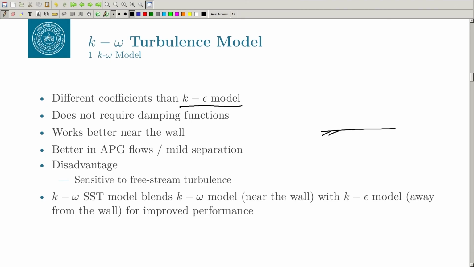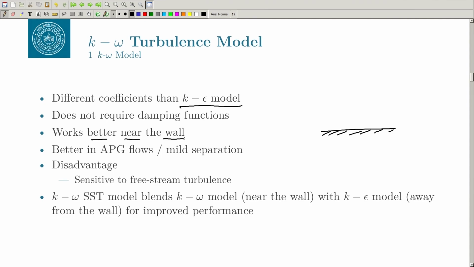Whatever damping you need near the wall, to model the viscous sublayer or the laminar sublayer and the log layer, this model can do very well. The way the coefficients have been tuned, you do not require any damping function. By default it is a low Reynolds number turbulence model, so it works better very close to the wall.